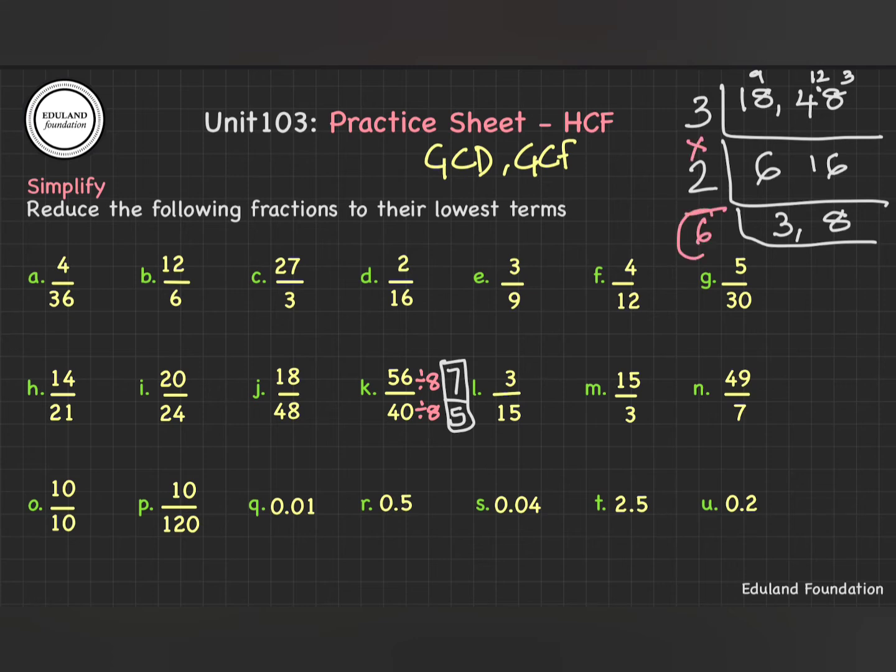So 6 is my HCF, and 6 times 3 is 18, 6 times 8 is 48. So when I divide this by 6, which is my HCF, the lowest terms are 3 and 8.